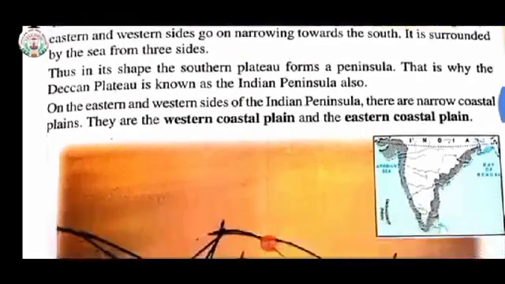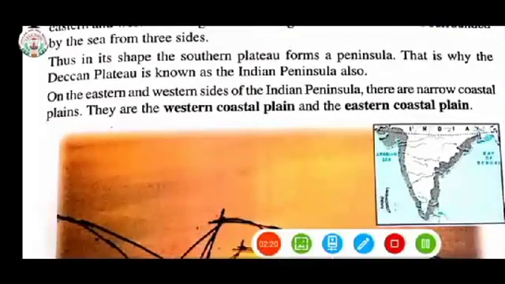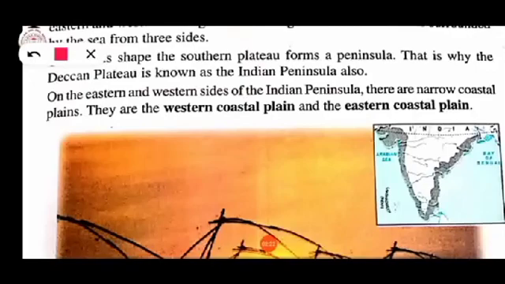So, come to the map. You can see here, on all three sides you have the sea: the Arabian Sea, the Bay of Bengal, and here the Indian Ocean. It is covered with sea on all three sides, and it is almost like a triangle.